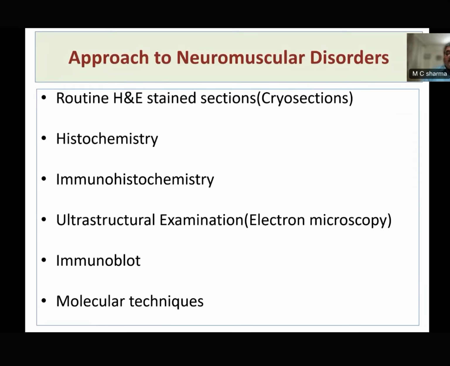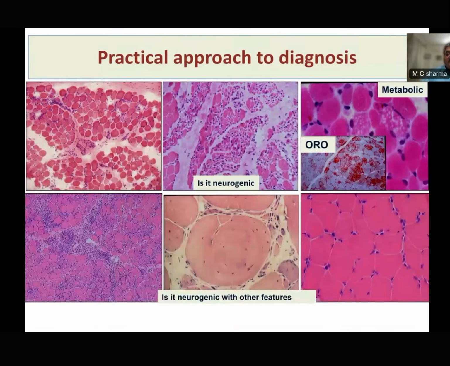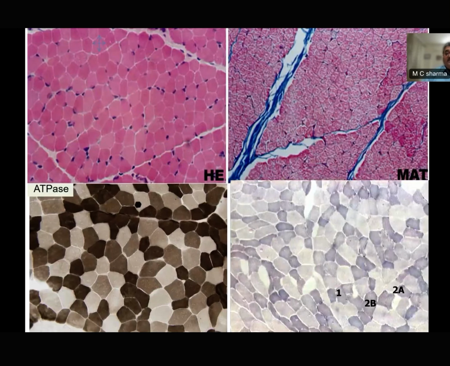Now, as I told you, there are a lot of methodologies and ancillary techniques which can be utilized for the diagnosis, and it depends upon the first look whether this is neurogenic, myopathic, inflammatory, or metabolic. All are complementary to each other. They are not substitutes; they may have an additive effect.